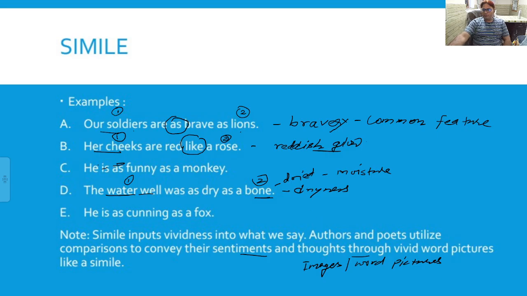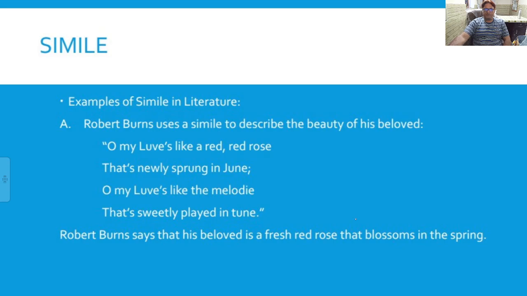Now, we move to the literary examples of simile. The first example comes from Robert Burns. Robert Burns has a beautiful poem, and out of the poem, I have taken a stanza for you to make you understand simile.